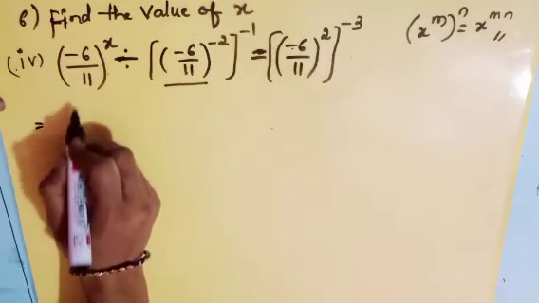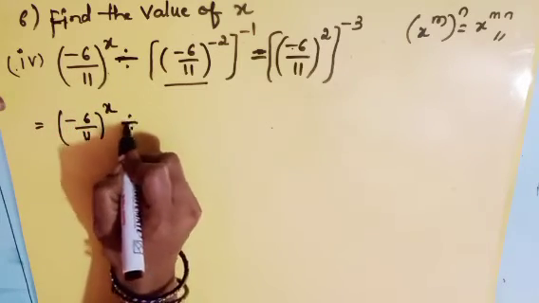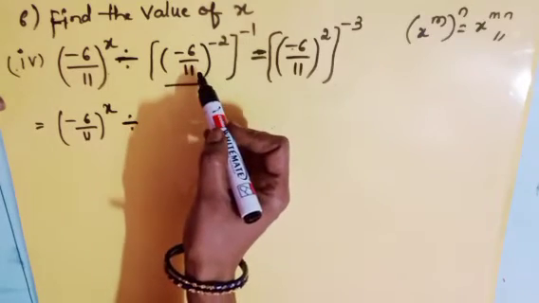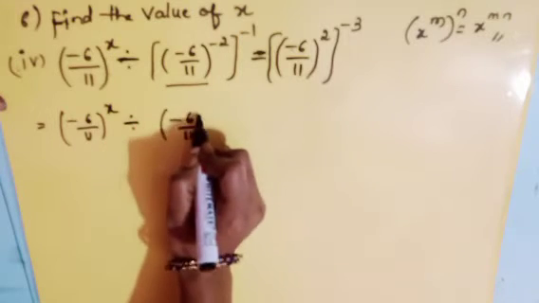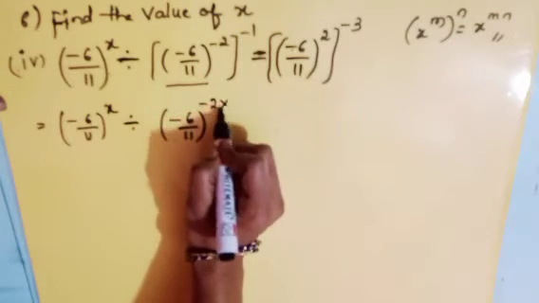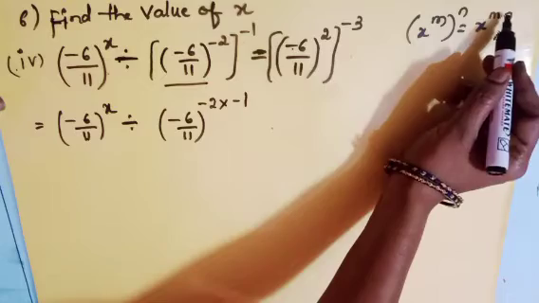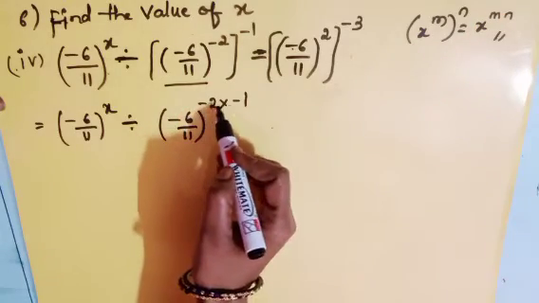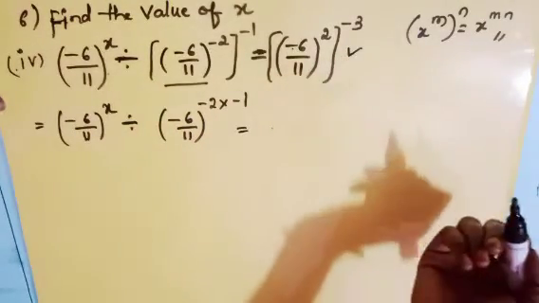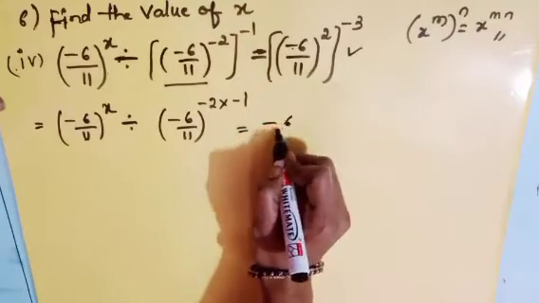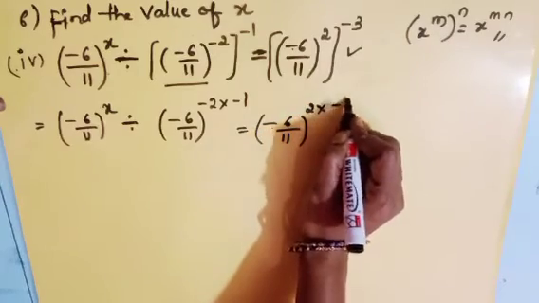So write as it is, (-6/11)^x divided by this. Here we have to apply the fourth law, that is (-6/11)^(-2 into -1), x to the power of mn. The value of m is minus 2 and the value of n is minus 1. Equals, here also on the right side we have to apply the fourth law only, that is (-6/11)^(2 into -3).